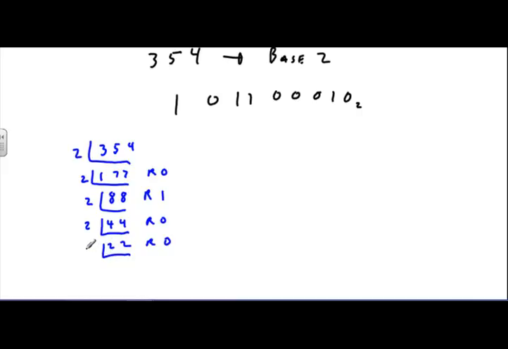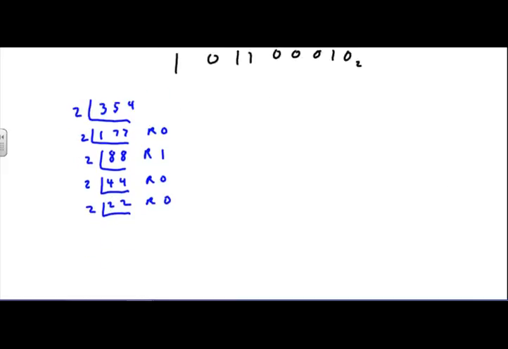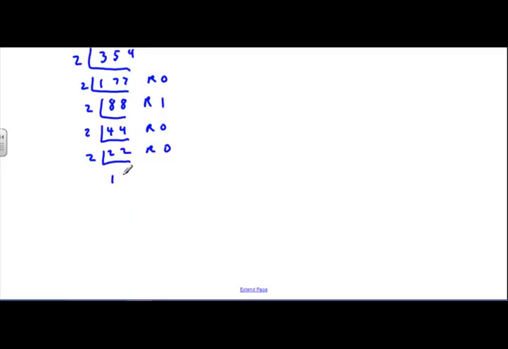I'm going to divide by 2 again, and I'm going to get 11, remainder 0. I'm going to divide by 2 again, and I get 5, remainder 1. I'm going to divide by 2 again, and I'm going to get 2, remainder 1.